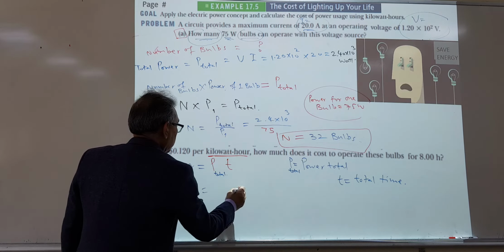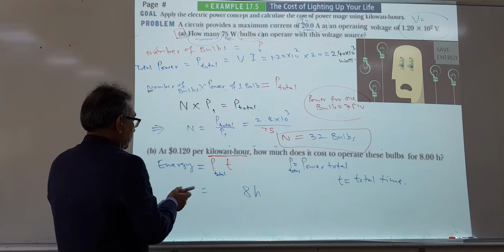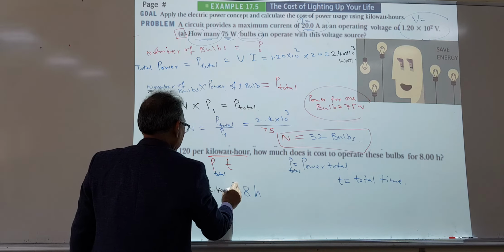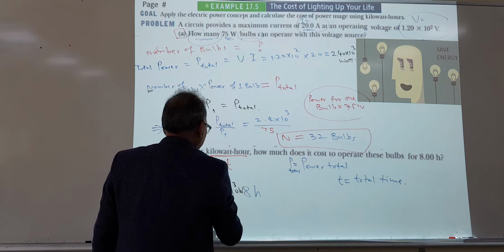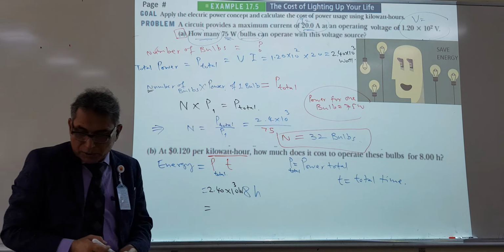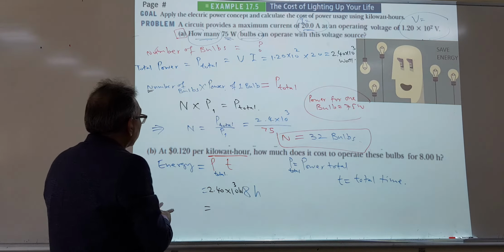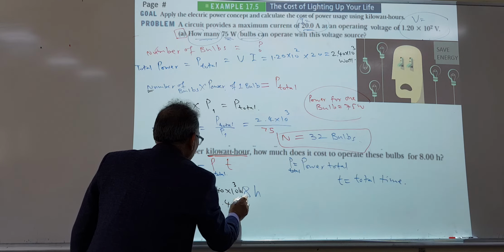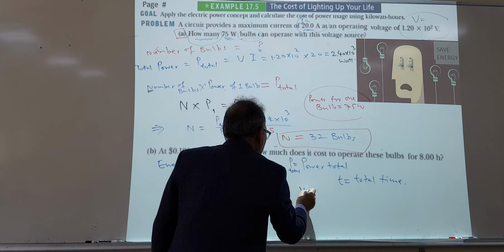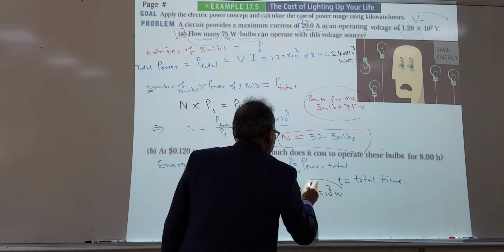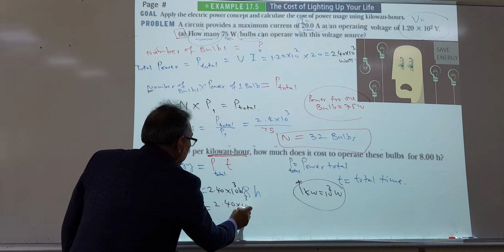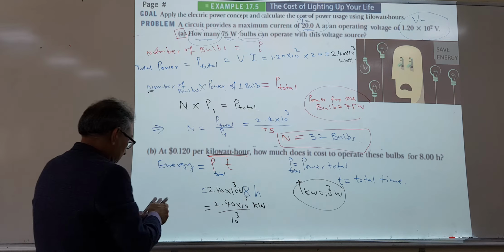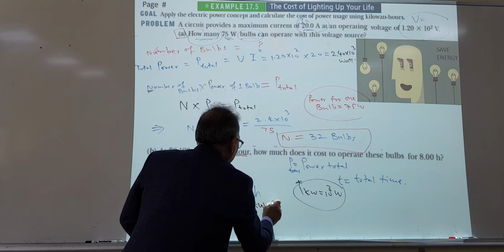So time is 8 hours, and total power is in watts and time in hours. Keep in mind, you have to make it kilowatt hour because 1 electric unit is a kilowatt hour. So to make it kilo, 1 kilo is equal to 10 raised to power 3 watts. So I have to divide, and instead of watt, I would write kilowatt, and 8 hours.